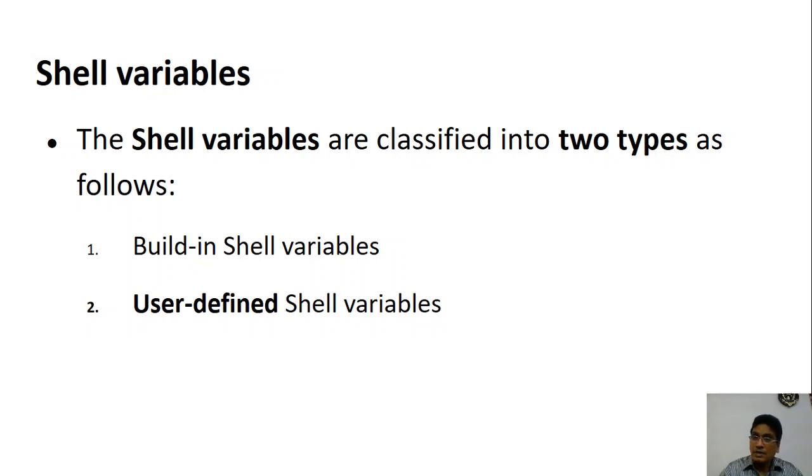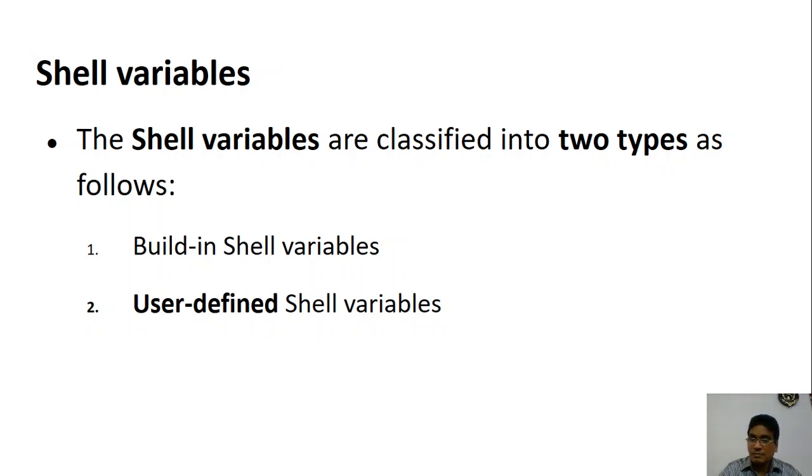Now the built-in variables, most of them are constant. You can't change their values. If you want to change their values, you have to do it before logging in. After that, some variables can be changed, and some values for these variables are set by the operating system.